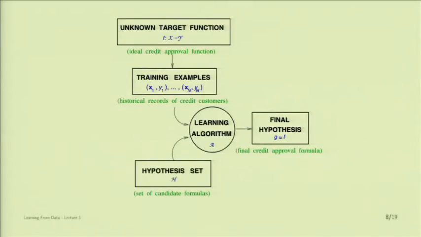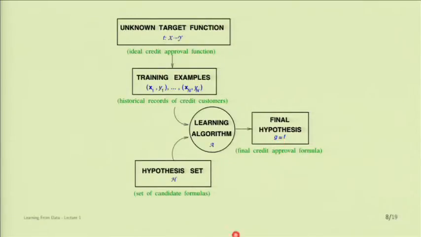And these we are going to call the hypothesis set, a set of hypotheses from which we are going to pick one hypothesis. So from this H comes a bunch of small h's, which are functions that can be candidates for being the credit approval. And one of them will be picked by the learning algorithm, which happens to be g, hopefully approximating f.